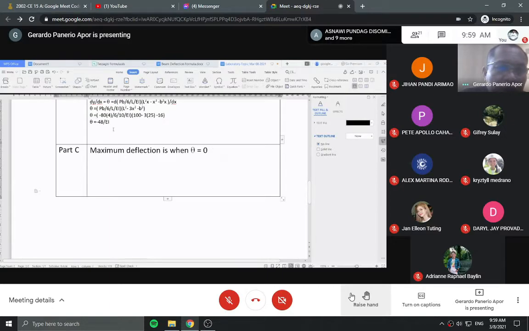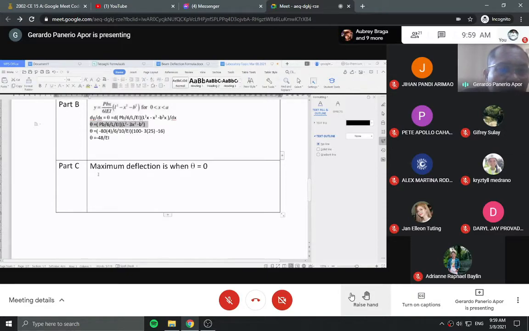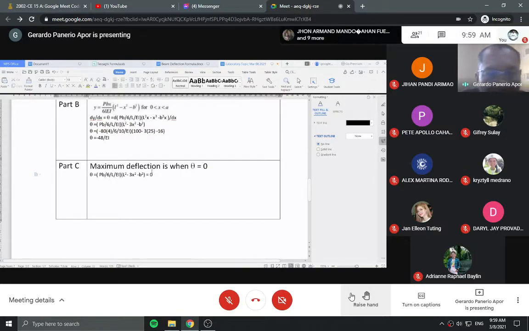So all you have to do is use this equation. We have this equation already in terms of x, but you have to set that equal to 0.